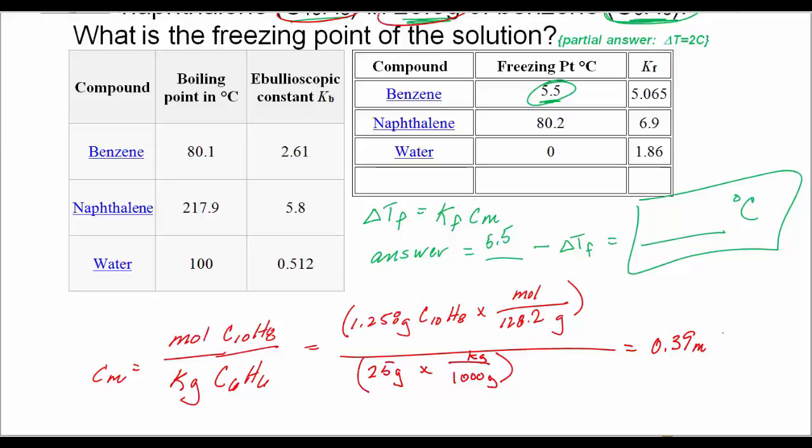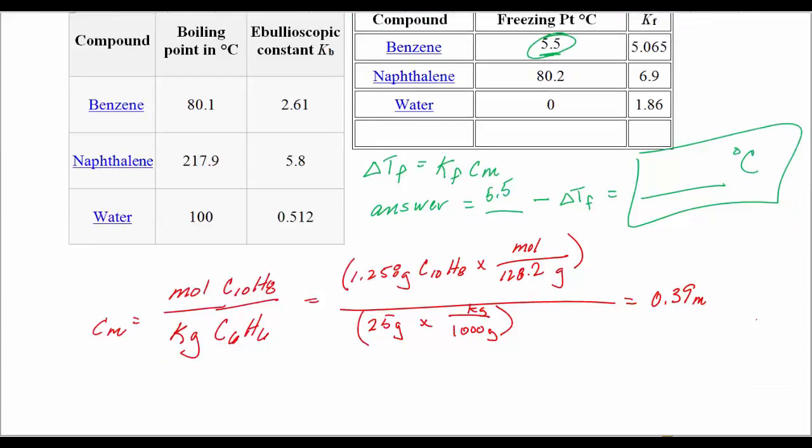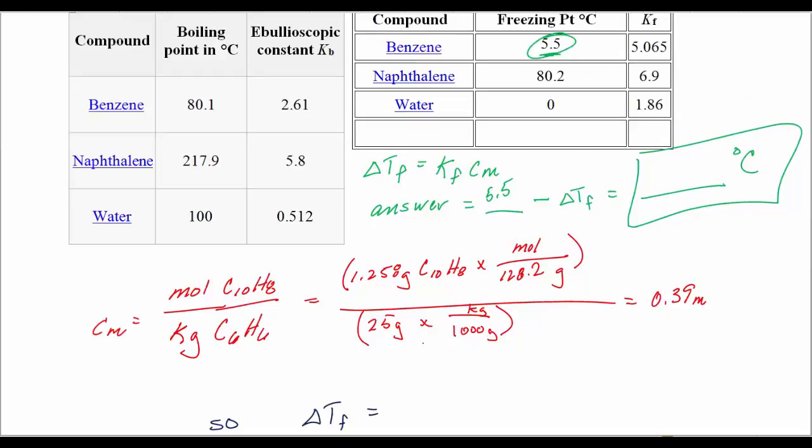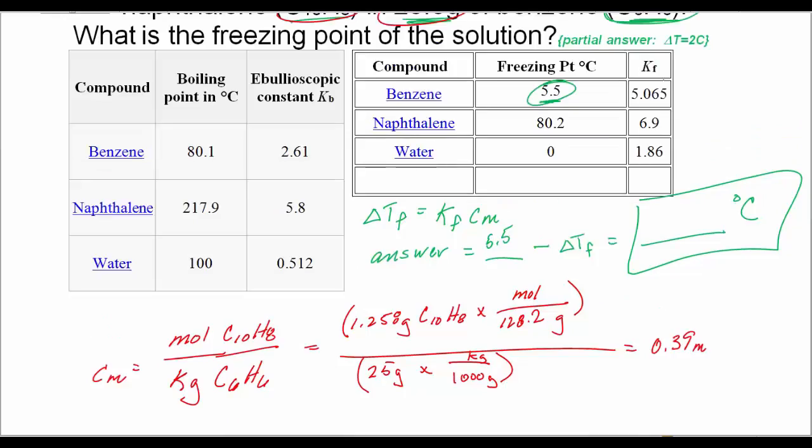Little m is our symbol for molality. So let's go ahead and put that in. So delta TF is going to be KF times Cm. Now what do we say our KF is? Here it is. Remember that these constants, look them up for the solvent. So we're looking up for the solvent. So that's why I'm using 5.065. I'm not using that one.